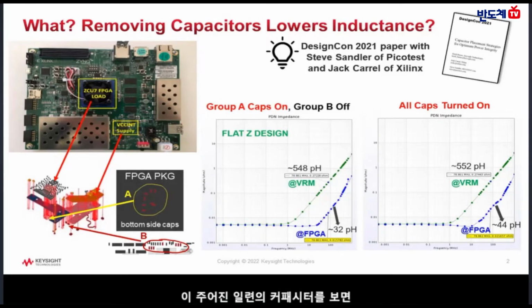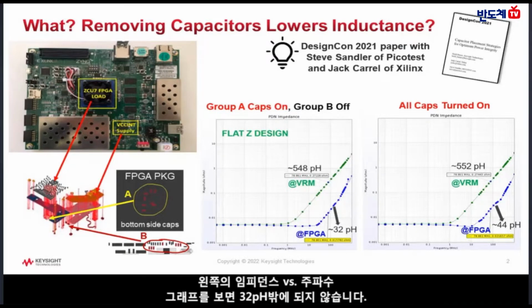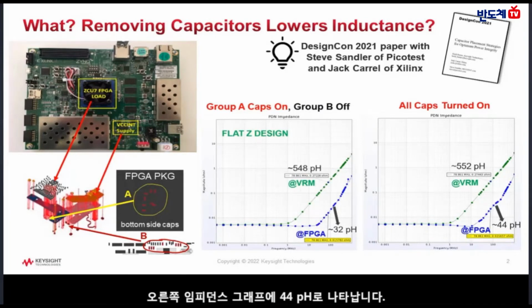For this given set of capacitors, it was found that turning off the smallest caps that were off to the side of the FPGA, the group B capacitors, actually reduced the inductance in the path to the FPGA pins, only 32 picohenries in the impedance versus frequency graph on the left. Turning these group B small caps on made the impedance worse, 44 picohenries in the impedance graph on the right.